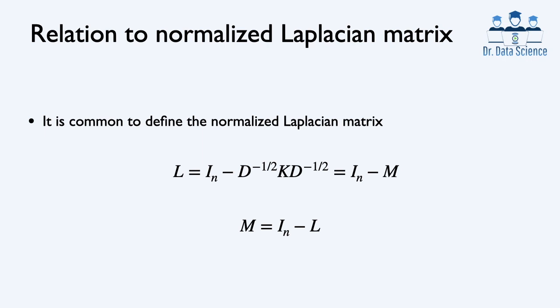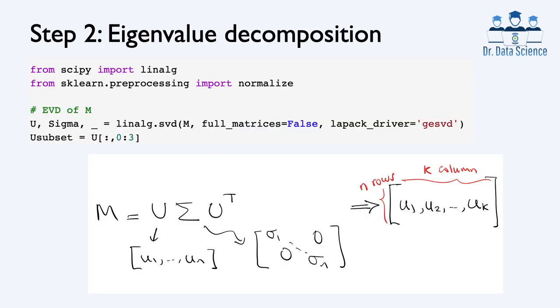So here you see the connection between the normalized Laplacian matrix and M. M can be written as the identity matrix minus the Laplacian matrix. And the main difference is something that you see in the next slide, in the second step of spectral clustering.